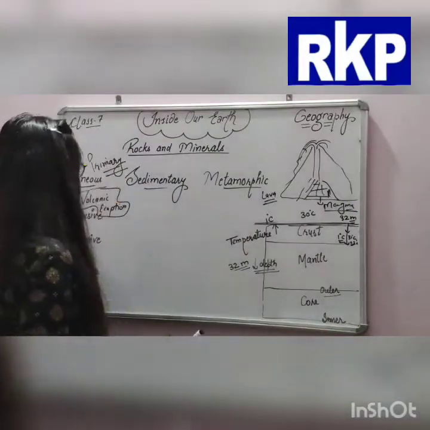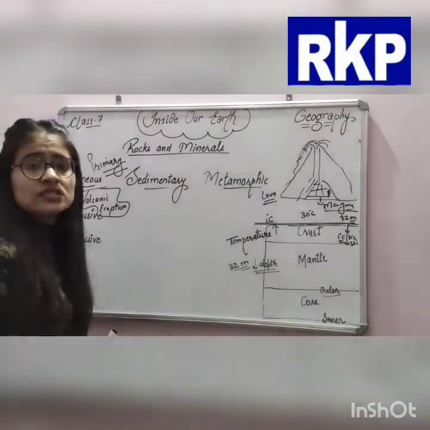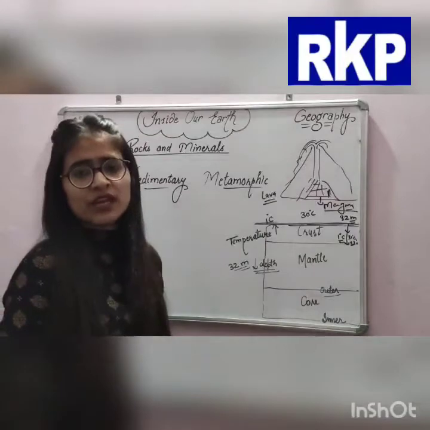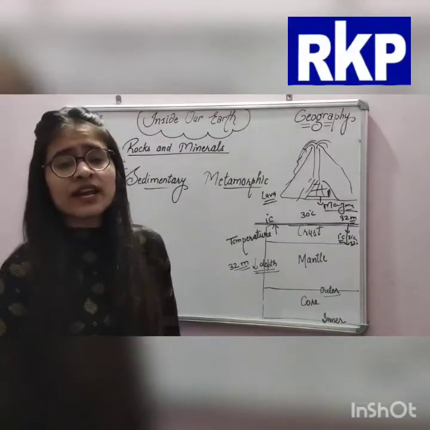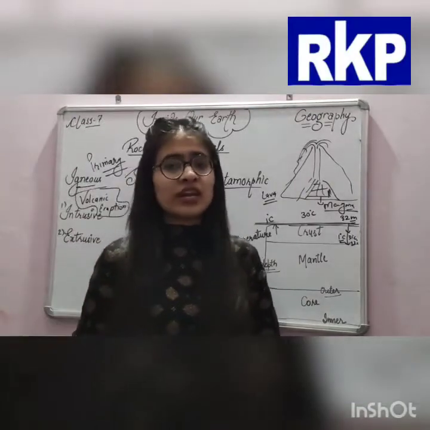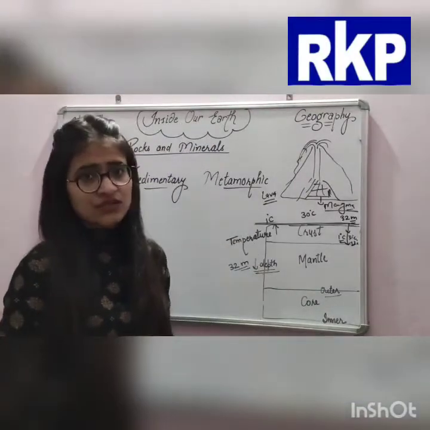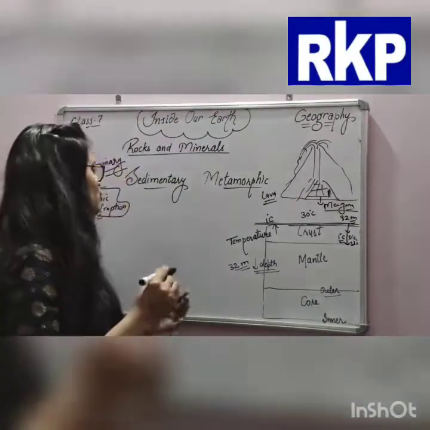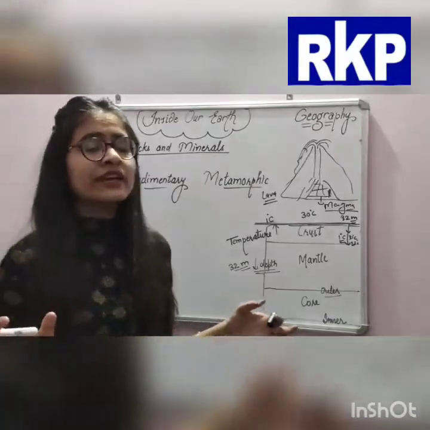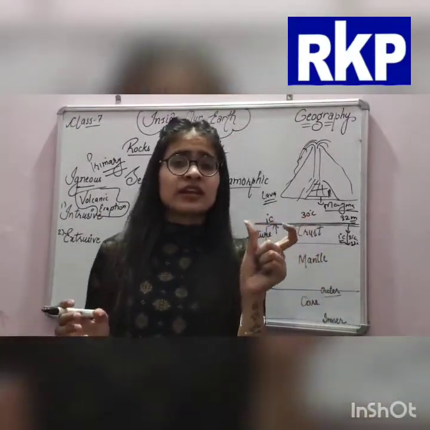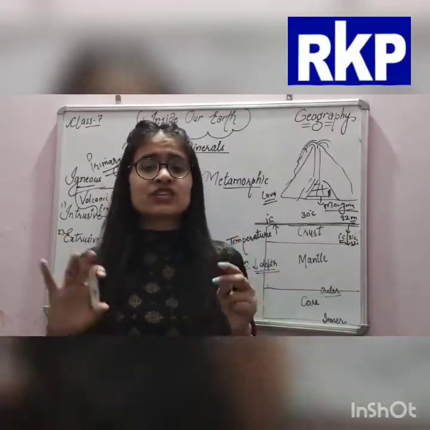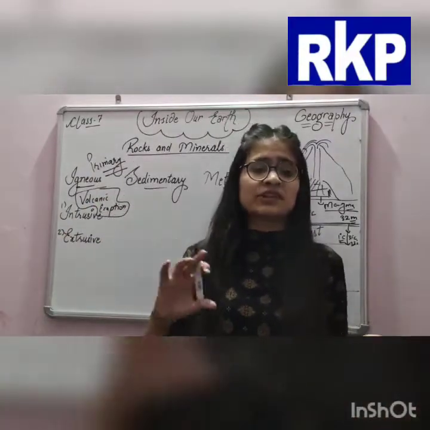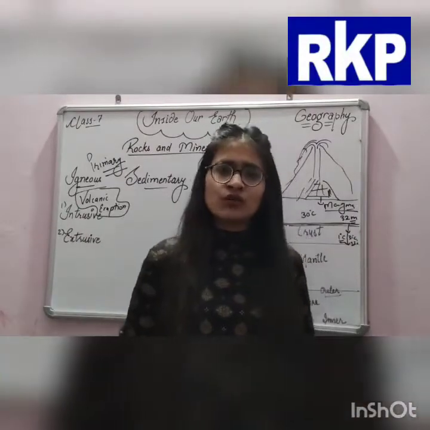Igneous rocks are of two types. First is intrusive rocks and second is extrusive igneous rocks. Intrusive means inside the volcano, and extrusive, X means exit, that is outside of the volcano.